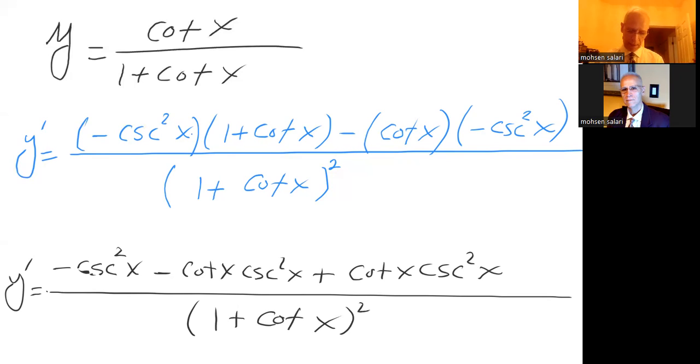Let's see, I can cancel these, and I'm left with minus cosecant squared of x all over 1 plus cotangent of x to the second power. We don't need to simplify this anymore. Let's do another one.